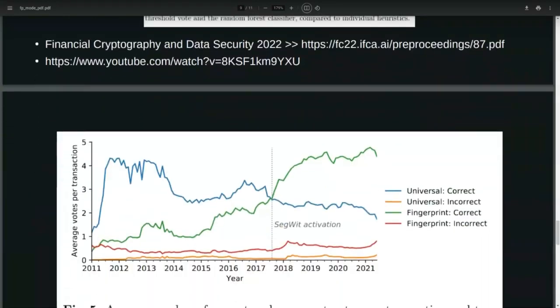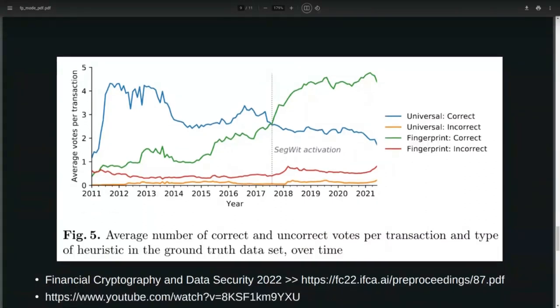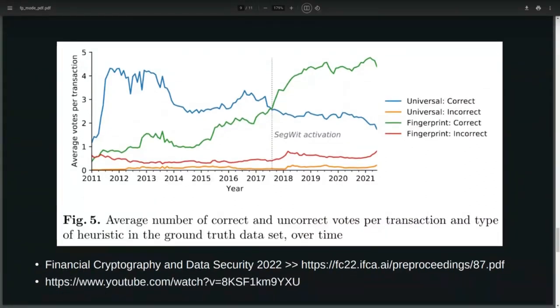In a similar paper, well, actually this one, this is a slide from that same paper that talks about how wallet fingerprinting and their heuristics have improved with time. So if we remember back to before SegWit was activated, there was really only one or two script types, pay to public key hash, and I think just pay to public key.